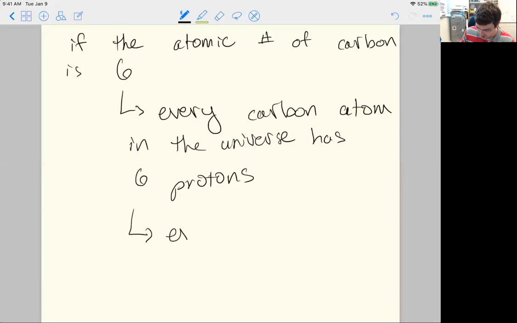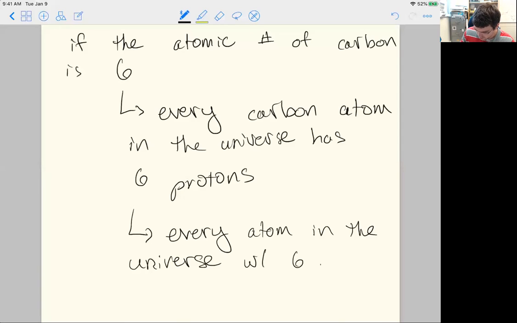Similarly, every atom in the universe with 6 protons is a carbon atom. There are no exceptions to this.